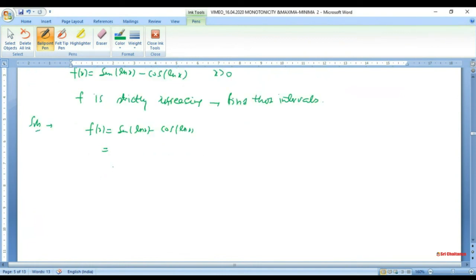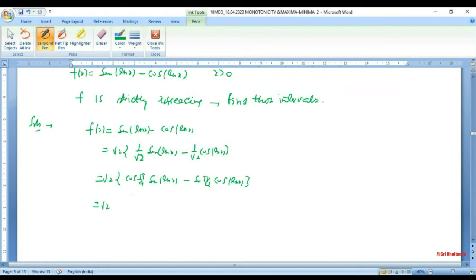So I can take root 2 and then by the famous trick I can write root 2 times 1 by root 2 sine of ln x minus 1 by root 2 cos of ln x, and this number 1 by root 2 I can write as cos of pi over 4 sine of ln x minus sine of pi over 4 cos of ln x.